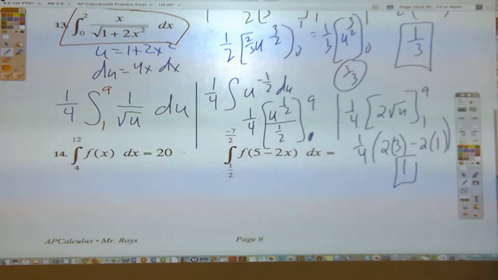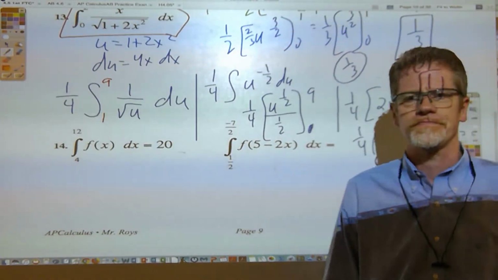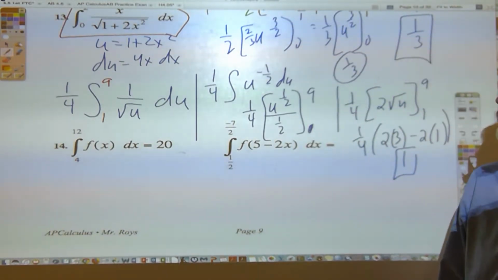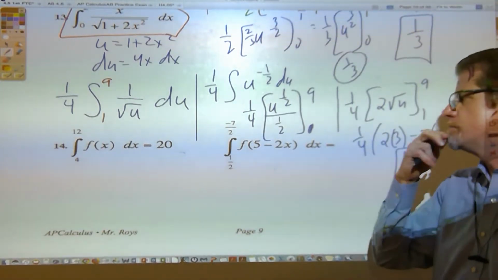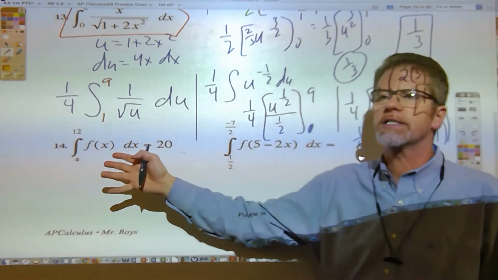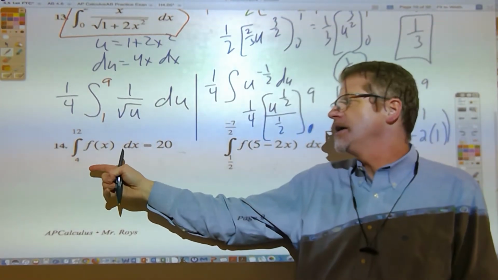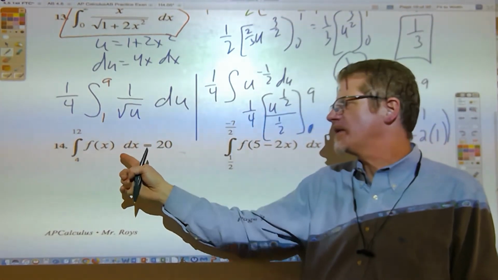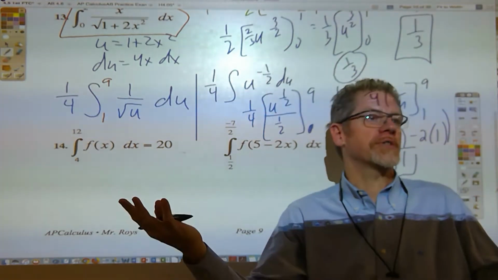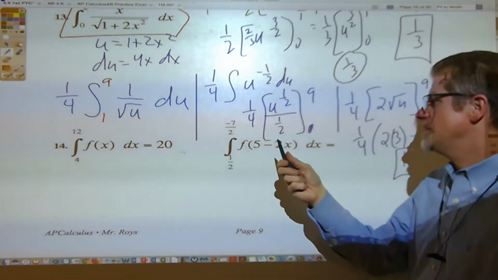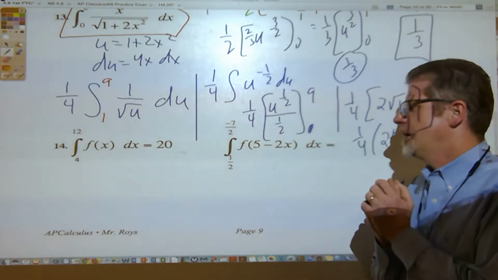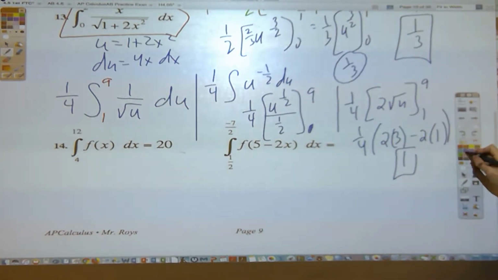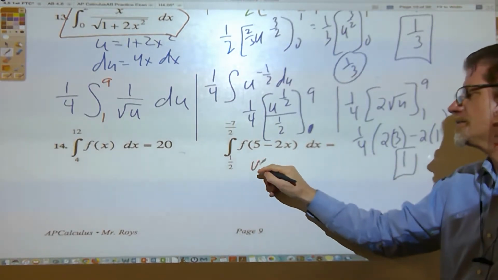All right, and now number 14. Problem 14 looks strange. Would you agree it looks strange? Yeah, it's like they're giving us this random fun fact that the definite integral from 4 to 12 of f of x dx is 20. Oh, thanks for telling me. I have to find out what this is. And it seems hopeless until you think to yourself, well, I don't know what to do, but I can do a u substitution.